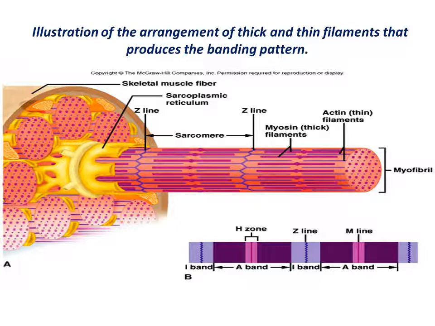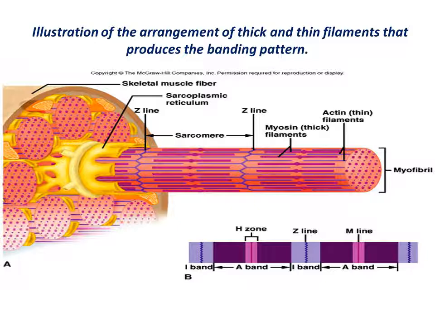Between two Z lines is the sarcomere, which is repeated longitudinally in the myofibril and gives the striations to the skeletal muscle fiber, as we see down in the picture. Purple color alternates with dark pinkish color, and so on.